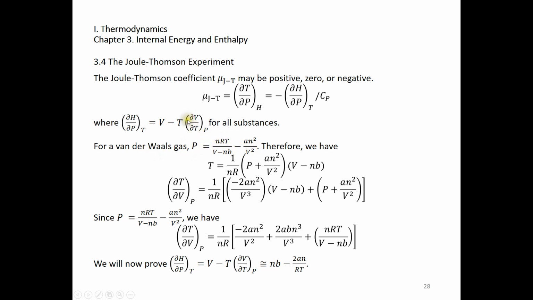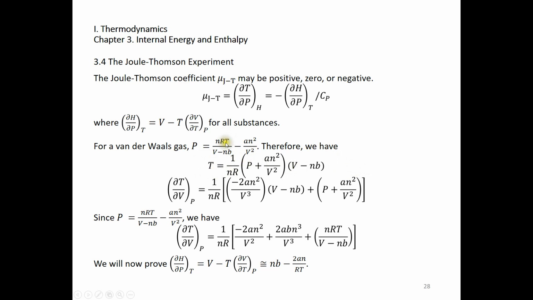Now let's look at this. We need to evaluate delta V over delta T. It's pretty hard to do, so we're going to evaluate delta T over delta V first and then take its reciprocal. First we can express temperature in terms of volume. How do we do this?